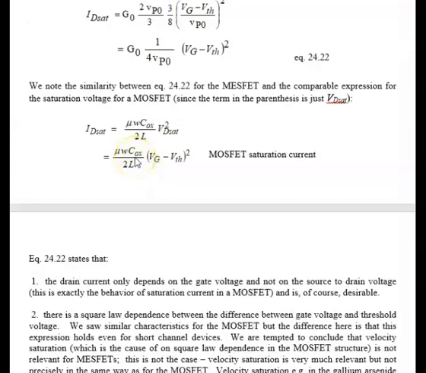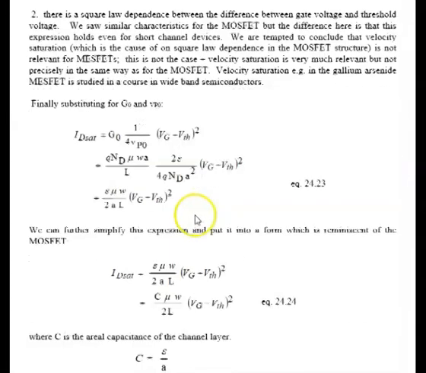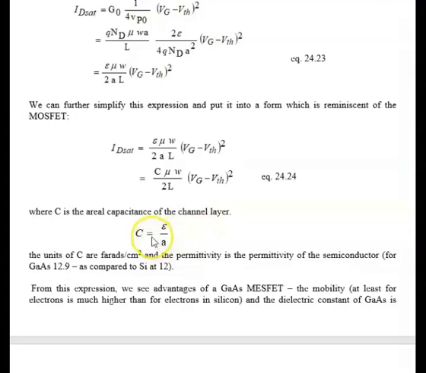So this is the capacitance of the oxide layer. Sorry about that. In the MOSFET, this would be epsilon divided by T-ox, not T inversion, T-ox. Well, T-ox is what, 20 angstroms? Whereas A is on the order of 1,000 angstroms. So the C here is much, much lower, and that is not good.